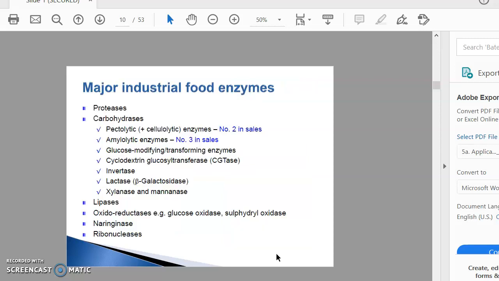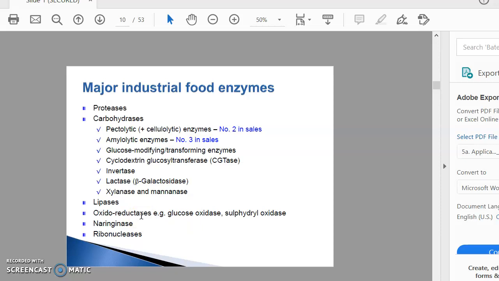So there are many industrial food enzymes. As you can see in this figure, for example, we have proteases for the protein, carbohydrases for the carbohydrate, lipases for the fat, and oxidoreductase, which is the redox enzyme.